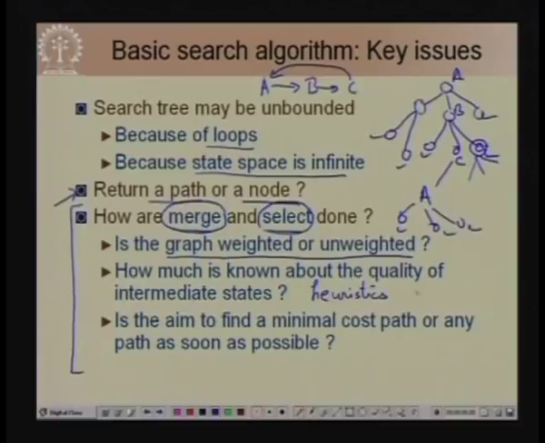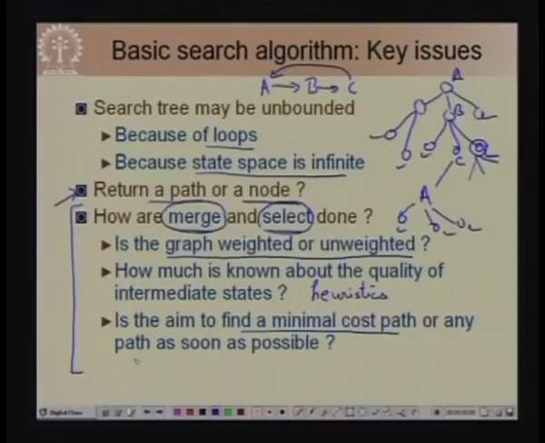So, if we have some information about the quality of these intermediate states, we can have better search strategies so that we can find a solution fast. And also we need to consider whether our objective is to find a minimal cost path or any path as soon as possible.